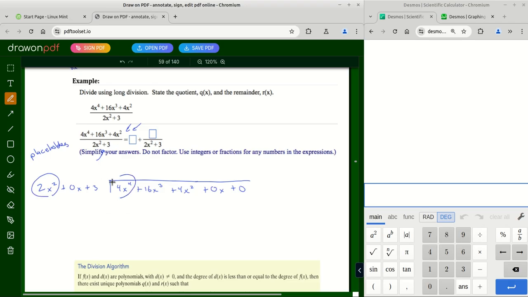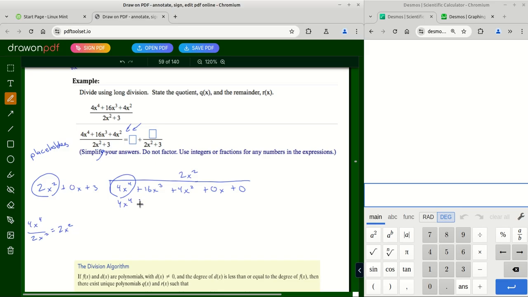Leading terms off to the side. 4x to the 4th divided by 2x squared makes a 2x squared. Again, we have 4 x's and 2 x's, and they cancel, leaving 2 x's behind. So I'm going to put that right here, 2x squared. Multiplying it, I got 2 times 2 is a 4, x to the 4th.